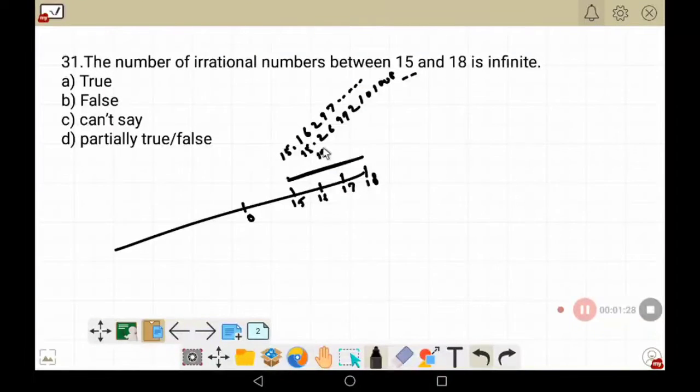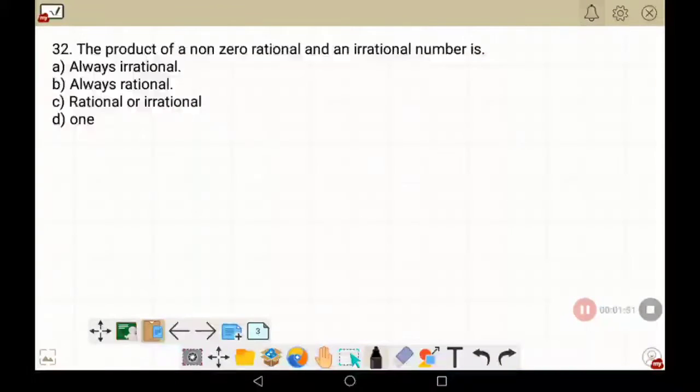Next, 15.321736621 dot dot dot. So students, we can have infinite irrational numbers between 15 and 18. The answer is A, that is true. Come to the next one.